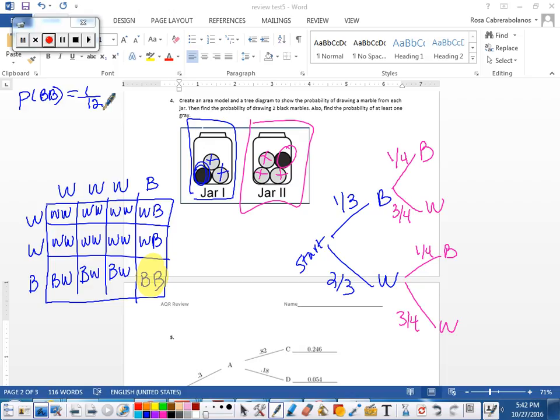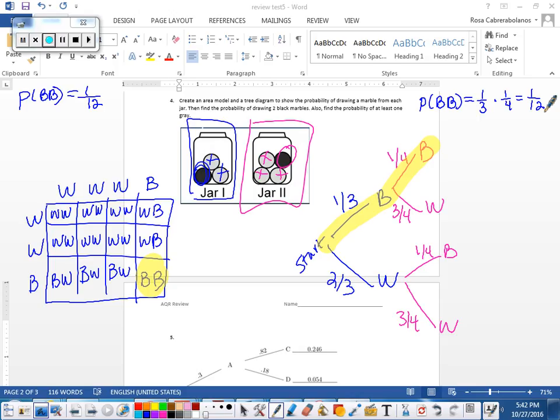For my tree, probability of black, black, I have to follow the branch that has black and black. So I have 1/3 times 1/4, which is 1 out of 12.